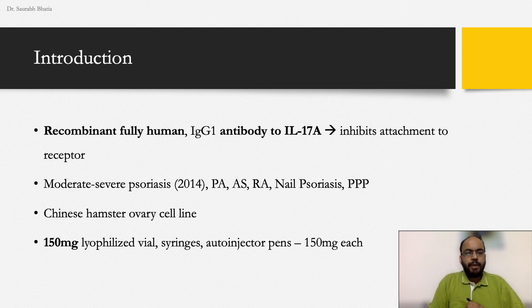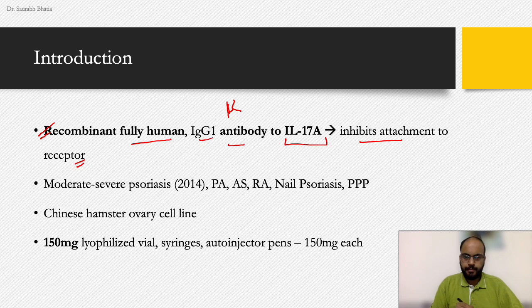Now, Secukinumab is a recombinant fully human IgG1 kappa class antibody, which is against interleukin 17A, thereby inhibiting the attachment to its receptor. Okay, so let's see it word by word. What we mean by fully human?